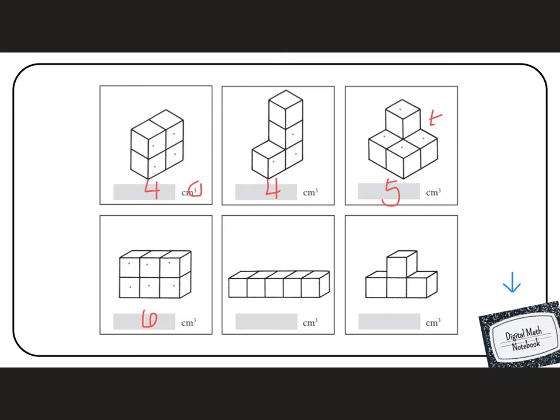My next shape is just one layer. I have 1, 2, 3, 4, 5 cubes all lined up. And in my last shape, I have 1, 2, 3, and 4. Pretty easy when we're just counting volume. But as you can see from this one, it's a little bit tricky when there's cubes that we can't see, but we know have to be there.